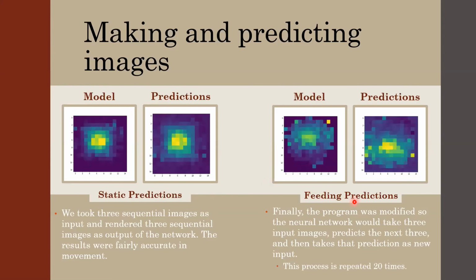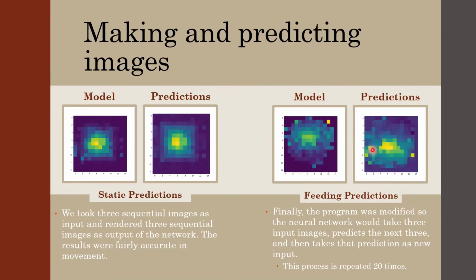On the other hand, we also did rolling predictions, which means we gave the neural network 3 images as input. Then the neural network gave us 3 images as prediction. We took those 3 images and fed them back to the neural network as input, and it predicted the next 3 images in time.